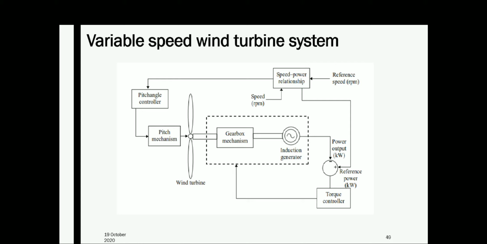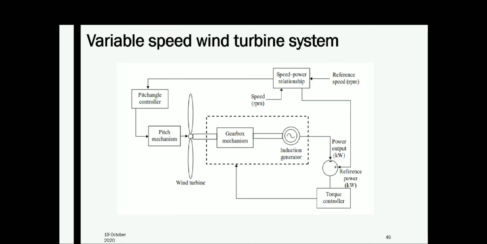In the case of the power limitation strategy, which is used for wind speed above the rated value, this strategy limits the output power to a rated value by changing the blade pitch, which leads to a reduction in the aerodynamic efficiency. So you can see the control of this wind energy conversion system with its control strategy here.